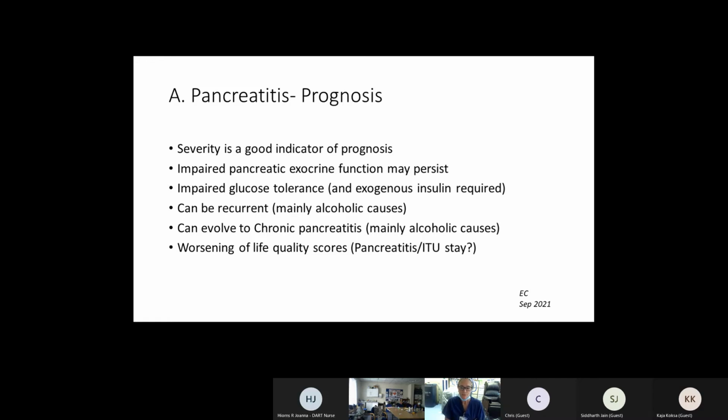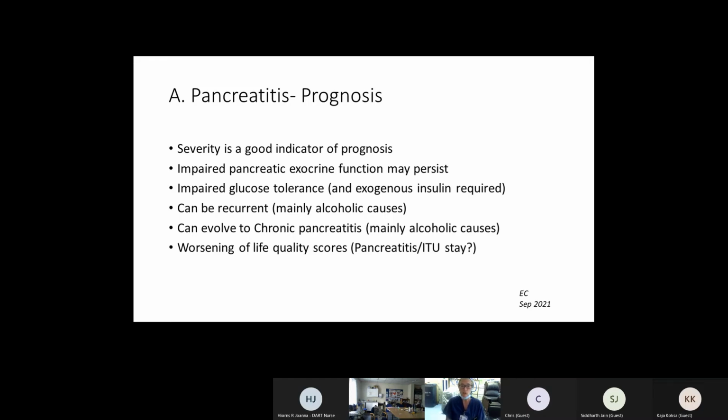Then, even after the resolution of the pancreatitis, some impaired exocrine function can persist, and the patient might need supplements of digestive enzymes. There could also still persist a certain glucose intolerance, and exogenous insulin could be required.